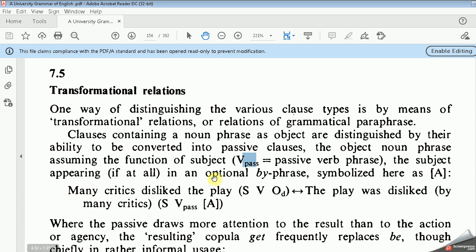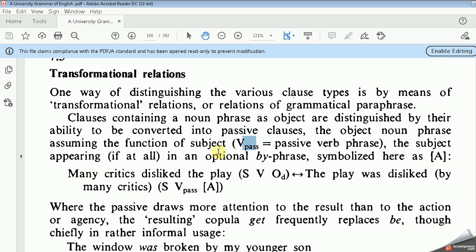To take an example explaining whether the object can be the subject, or the subject can be preceded by optional by, such as in this: Many critics disliked the play. It is the structure S, which is the subject, many critics; disliked is the verb; and the direct object is the play. It can be converted into The play was disliked.